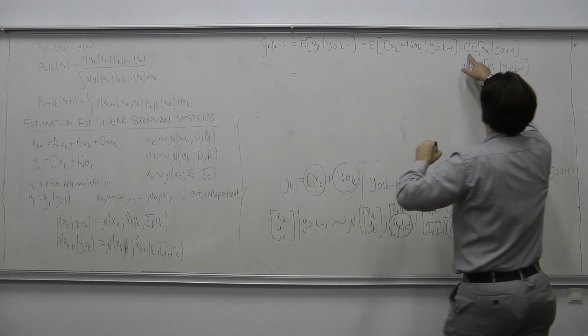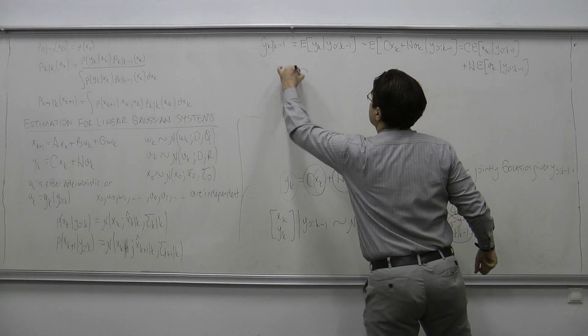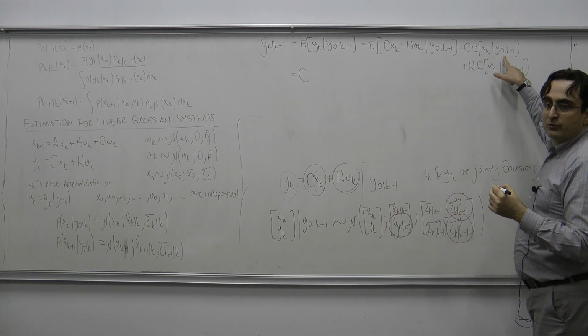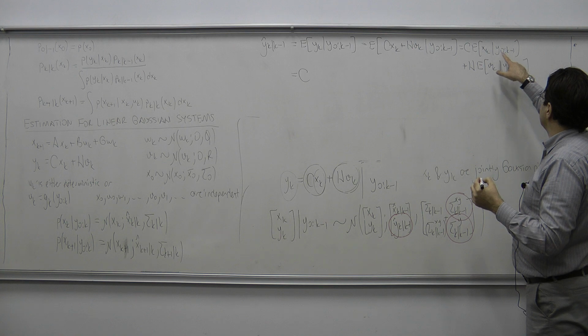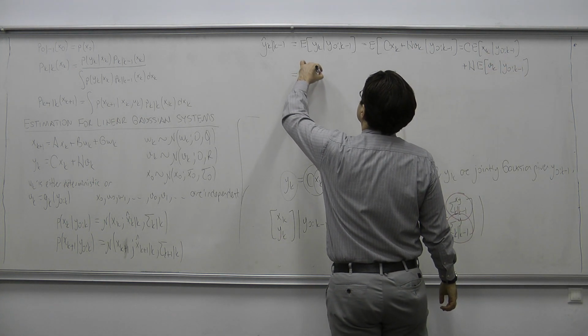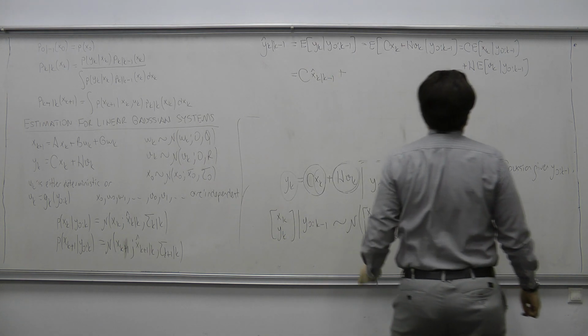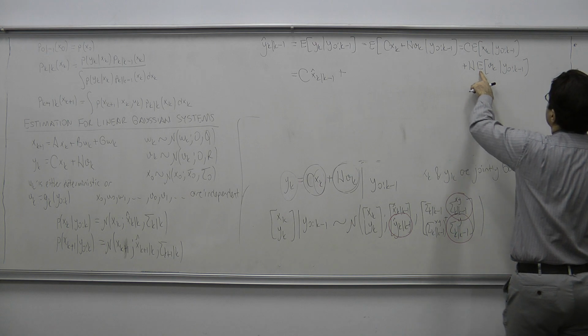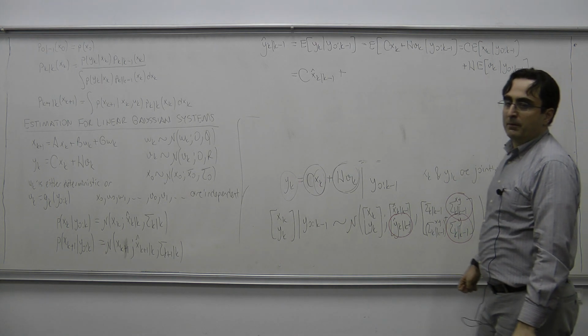Now, what is the first quantity? C times the expected value of x_k given y_0^{k-1}. I know that this is nothing but x̂_{k|k-1}, plus H times, I need to calculate this expectation.